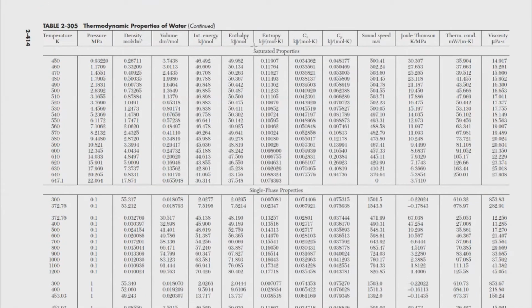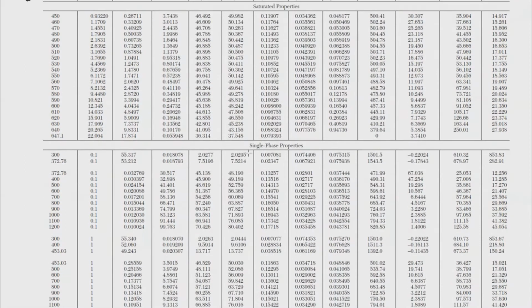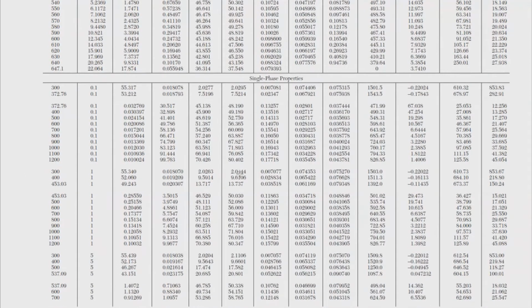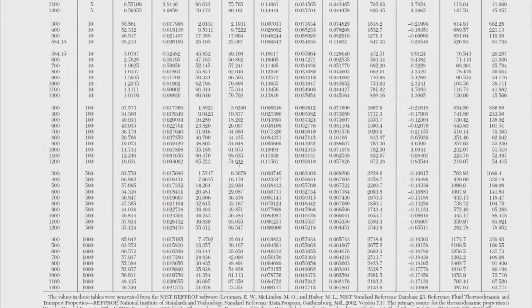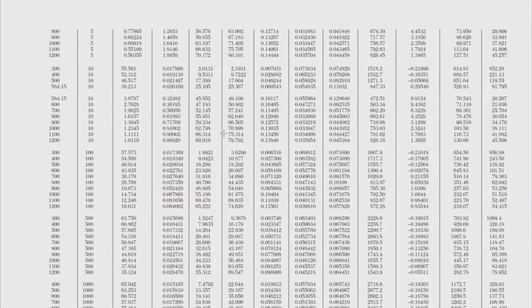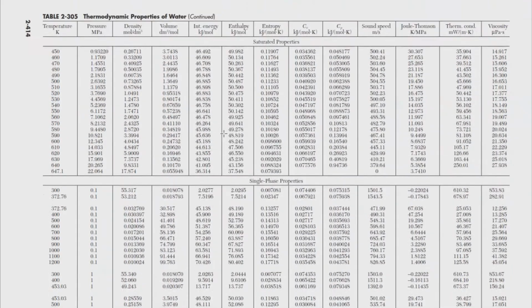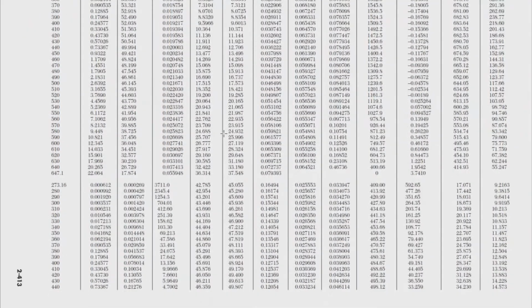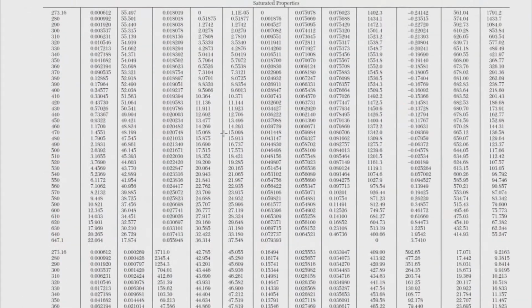We also have the saturated properties here, and then we have the single phase. The single phase properties are usually the superheated properties, so they exist as simply one phase. That is the same for all of this data here. Now, let's take a look at the values here.